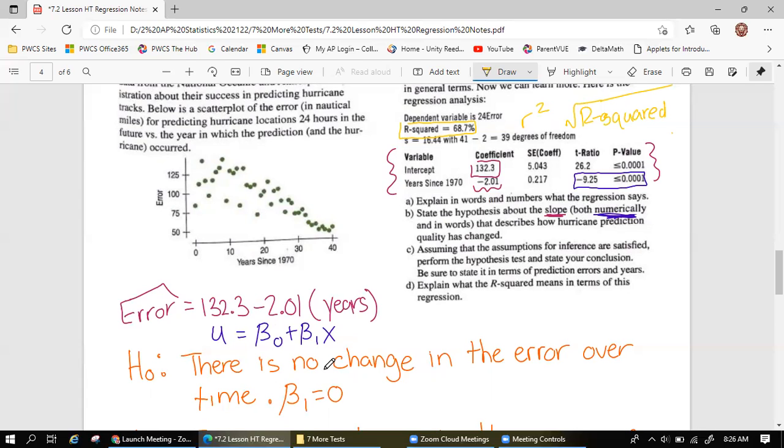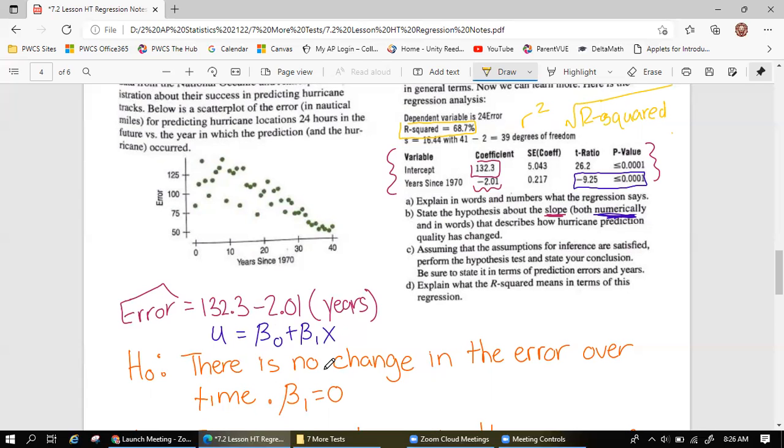The reason why R squared isn't really high here is because just because time has passed doesn't mean that we're going to get better at reducing the errors. Certainly some other things have affected that, maybe technology, maybe experience, maybe data collection.